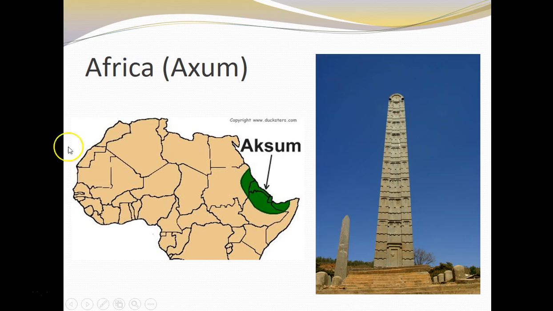Unlike the western part of Africa, Aksum was actually a Christian state, a very, very early form of Christianity. No ties to the Catholic Church in Europe. They practiced another type of Christianity that was developing at the same time of what became Catholicism was developing. So they're around 300 to 900 CE, especially known for their obelisks that they built. This is an obelisk here.